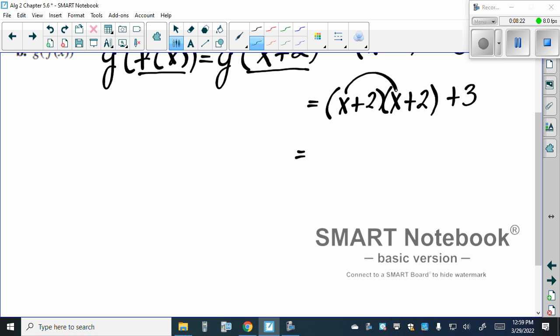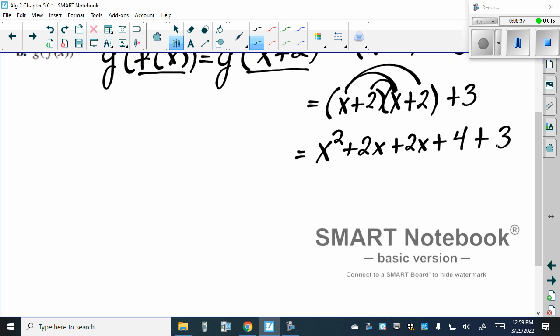Because when we distribute, we would do x times x, which is x squared, which you got. X times 2 is plus 2x, and then we do plus 2x plus 4. Because our 2 times x would give us the second 2x, and then 2 times 2 would give us our 4.